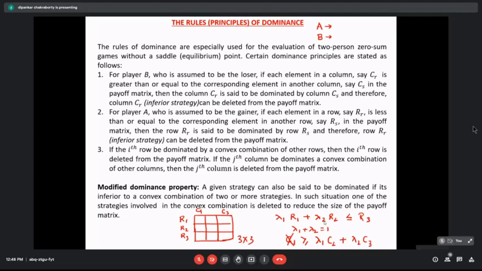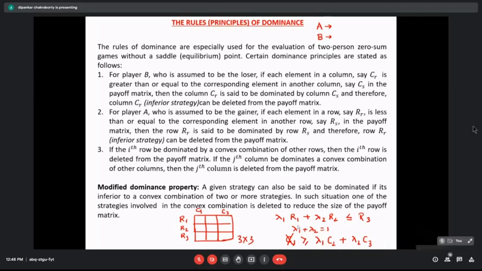It may happen that after deleting R1 and considering R2, you may not get the solution. Solution means the strategies we are getting may be negative. Strategies cannot be negative because they represent probabilities. So in that case, you have to consider R2. After deleting R1, if you do not get the solution, then you have to delete R2 instead, and proceed and solve this game theory problem.